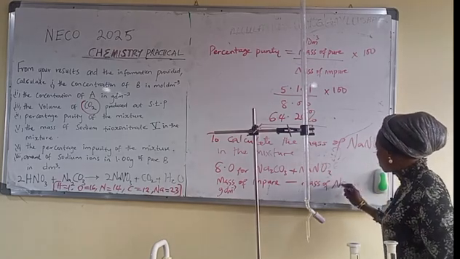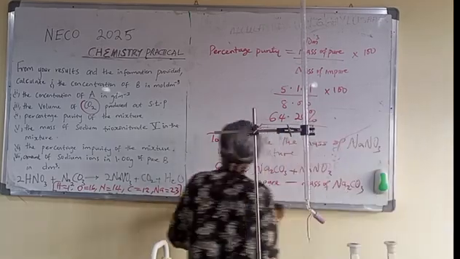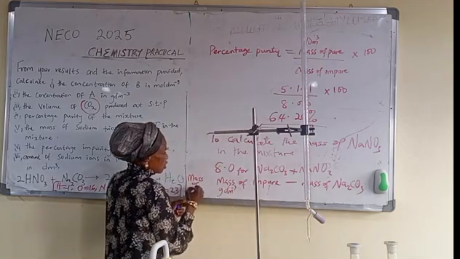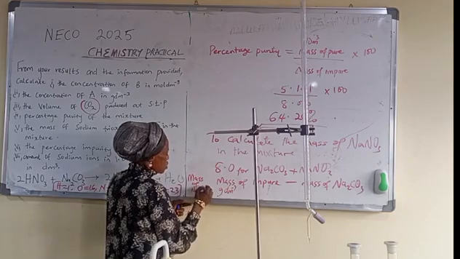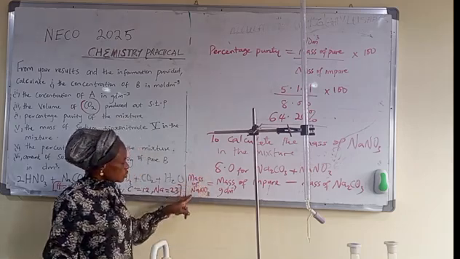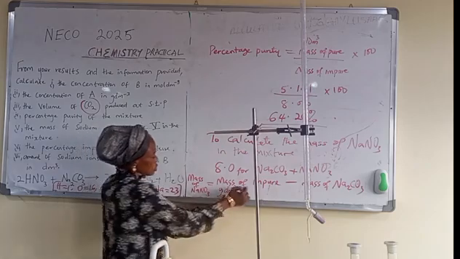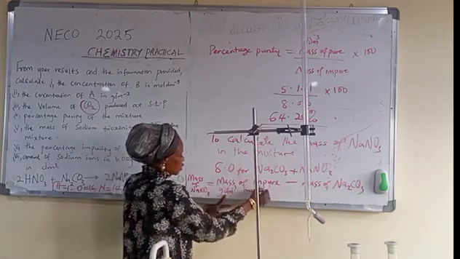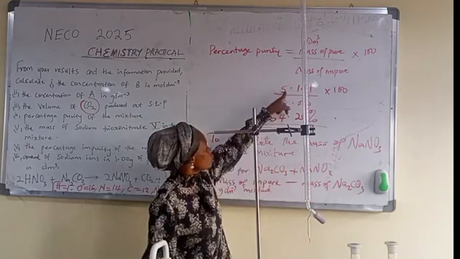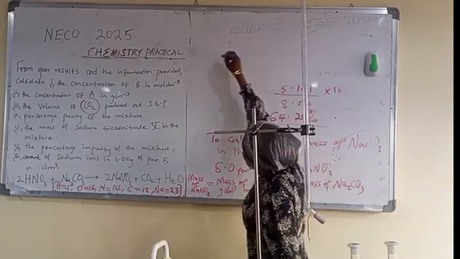That's the formula. So the mass of NaNO3 equals the mass of the impure mixture, the total mixture which is 8, minus the mass of Na2CO3, the one you got for only sodium carbonate.